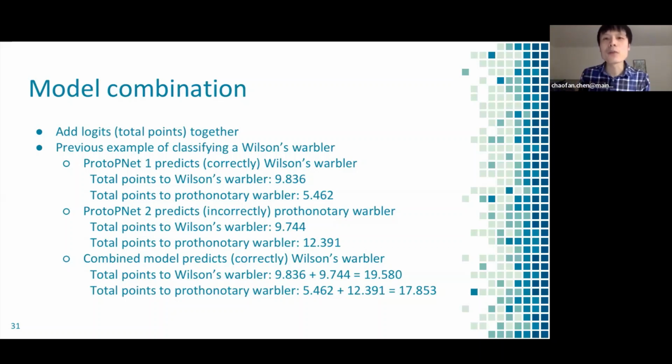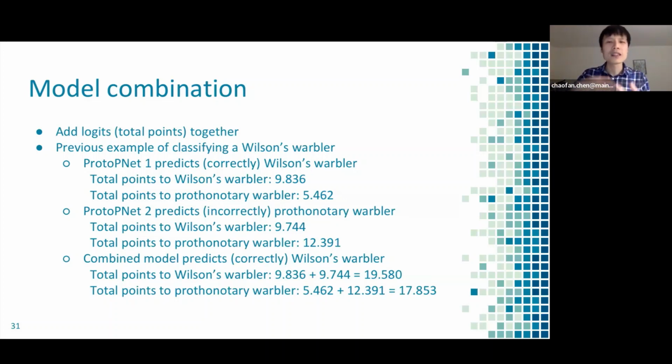And the second model predicts incorrectly. It predicts the prothonotary warbler, right? Whereas the total points to the correct class is 9.7, but the total points to the wrong class, prothonotary warbler, is 12.391. And if we have a combined model, say we combine ProtoPNet 1 with ProtoPNet 2, by adding their class points together, the total points to the correct class is 9.8 plus 9.7, which is 19.5.